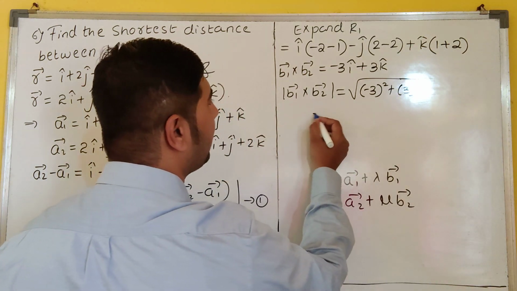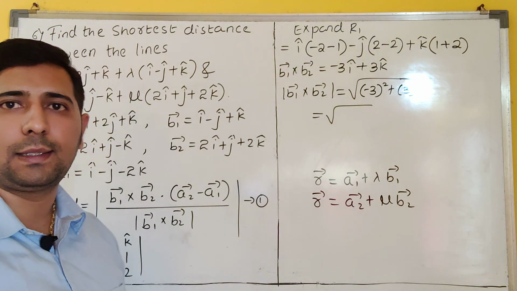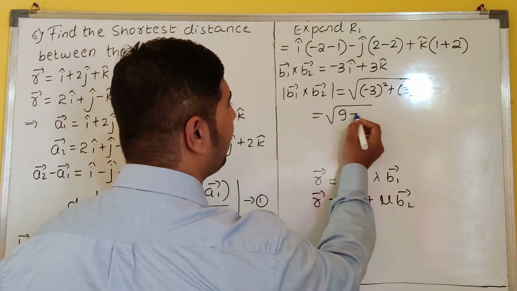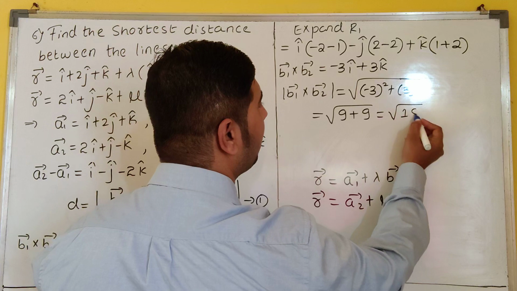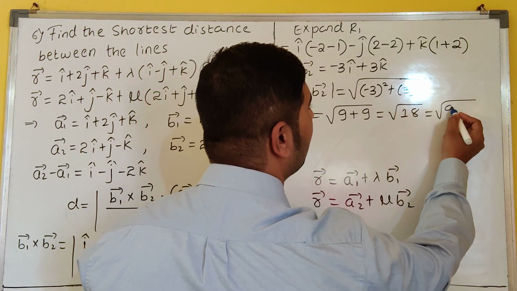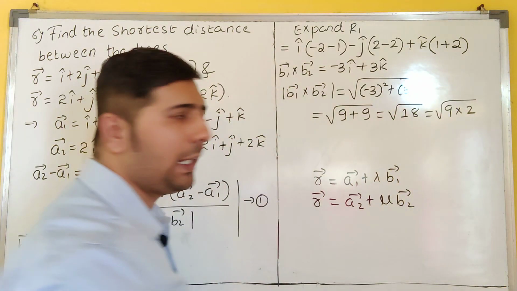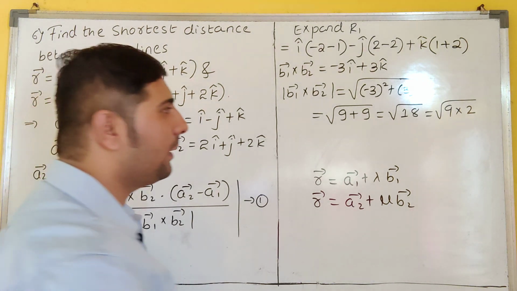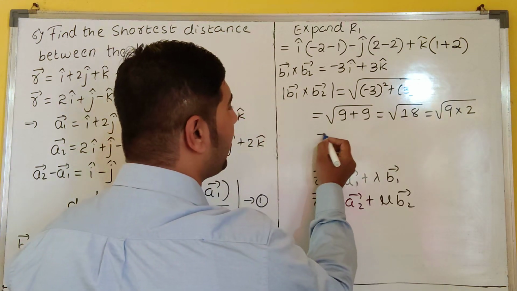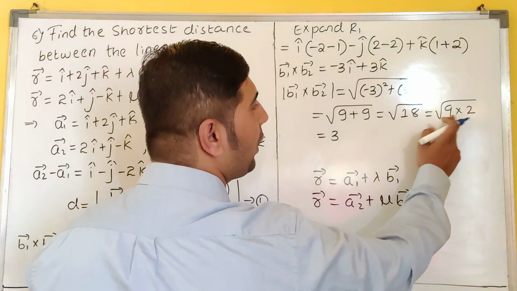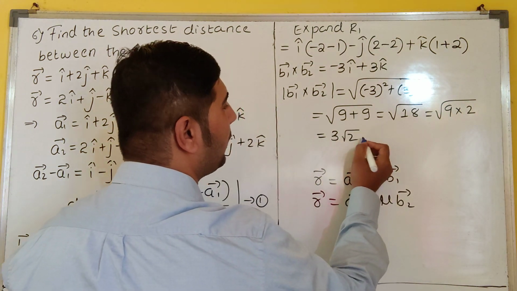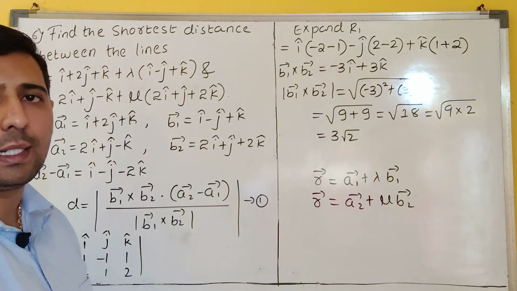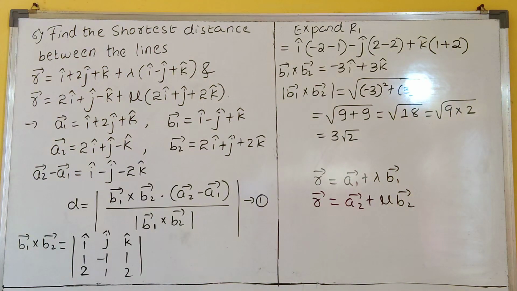So minus 3 square is 9, 3 square is 9. 9 plus 9 is 18. 18 how will you write, you know? 9 2s are 18. Root 9 is 3. Root 2. So this is the answer we got, the magnitude of b1 cross b2.